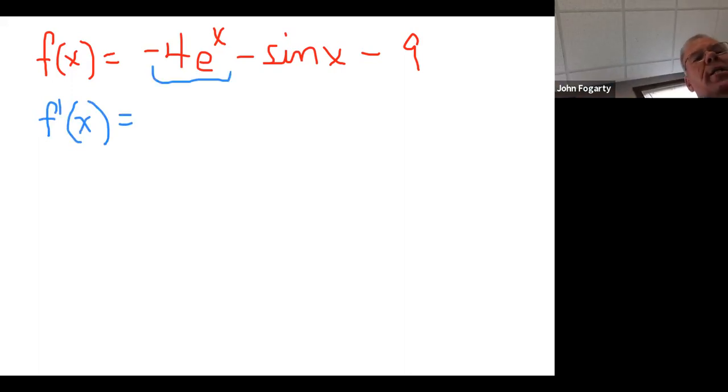What do we know about e to the x? What's the derivative? It's itself. So you're going to get negative 4 e to the x. Now what's the derivative of the sine of x?